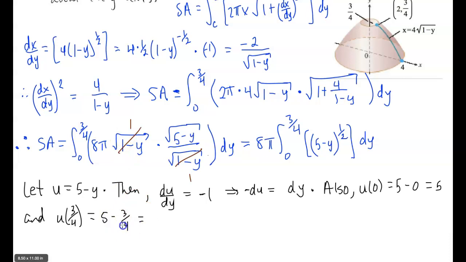And when we do this, this will be 20 minus 3, which is 17 over 4. So now we can replace 0 with 5. We can replace 3/4 with 17 over 4. And we can replace 5 minus y with u and dy with minus du.